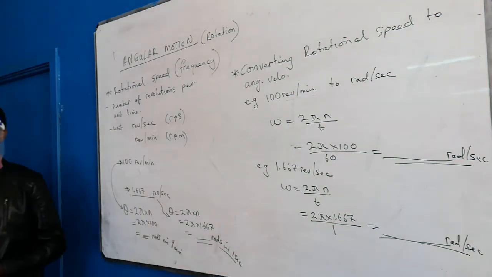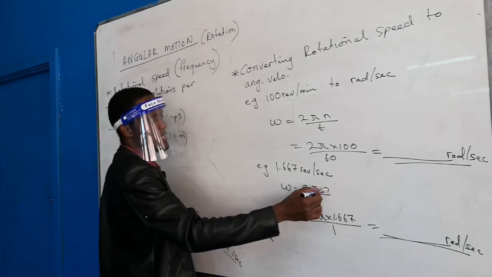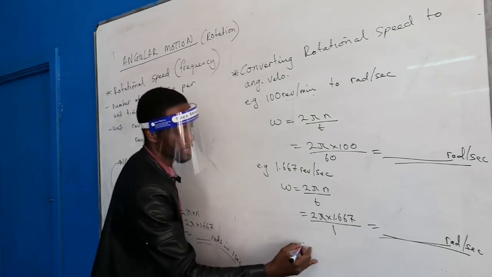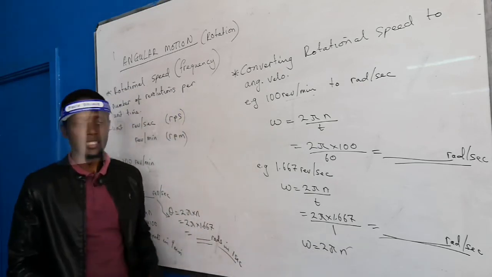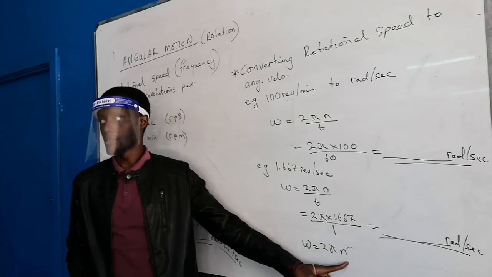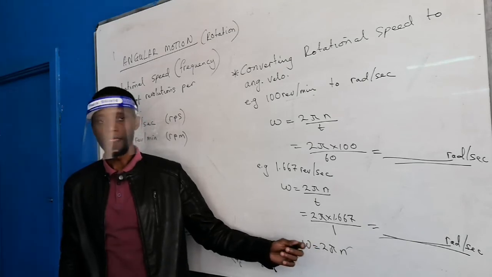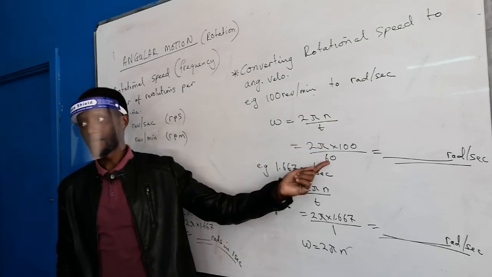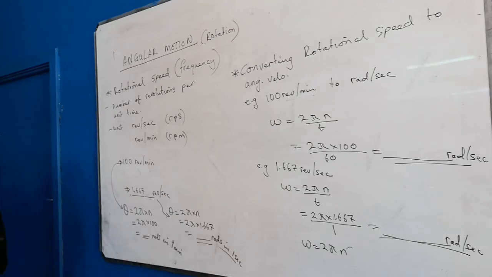Okay? So my point is, if it is revs per second, this one is not making any difference. Even if you do not divide, you just say 2 pi n. If this is in revs per second, you do not divide by anything, you are dividing by 1. If it is revs per second. But if it is revs per minute, you divide by 60. Any questions?